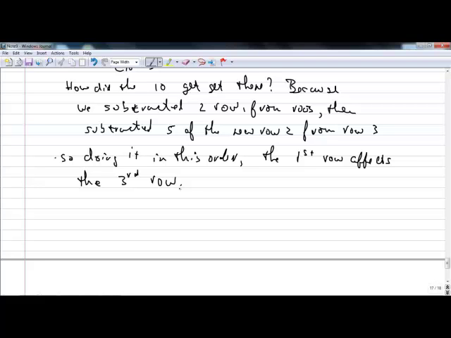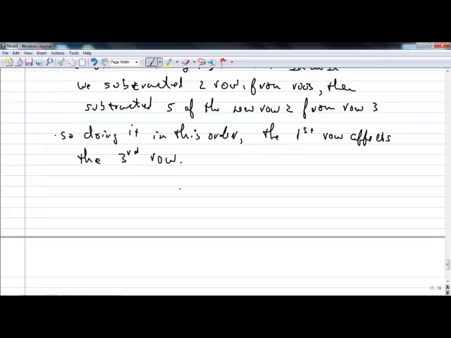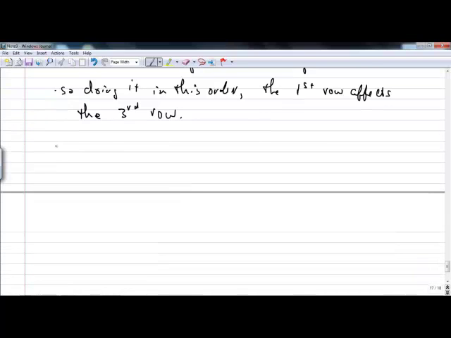Now, suppose we do it the other way. Suppose we use the inverses. So we want to do the equation. Remember, we have to reverse the order.